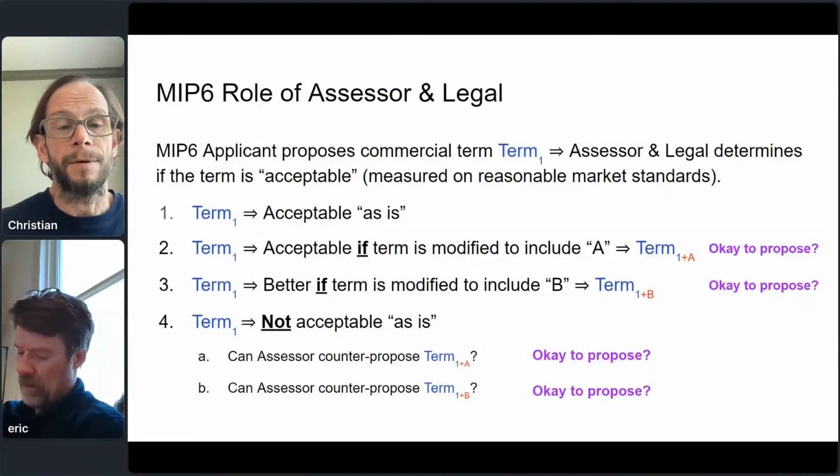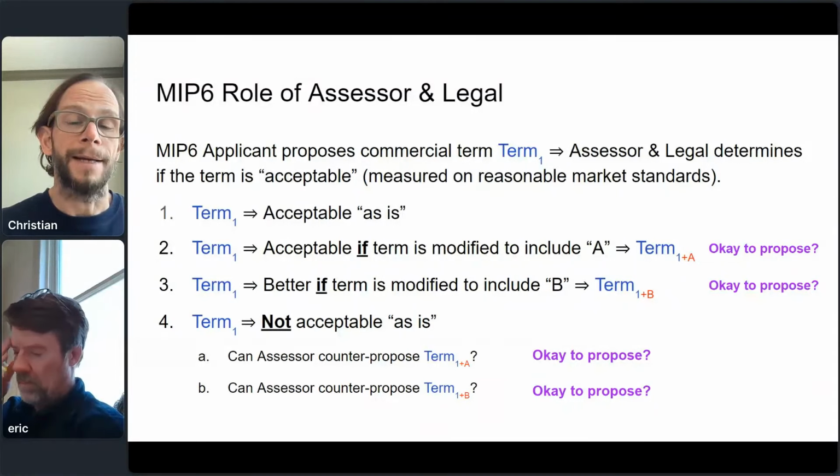So then what do we do? We look at it and say, is the term acceptable based on reasonable market standards? If it is, we move on to the next term. Well, what if it's not? Could the term be acceptable if it is modified to be term 1 plus A? Is it okay for us to propose an adjustment to the term?